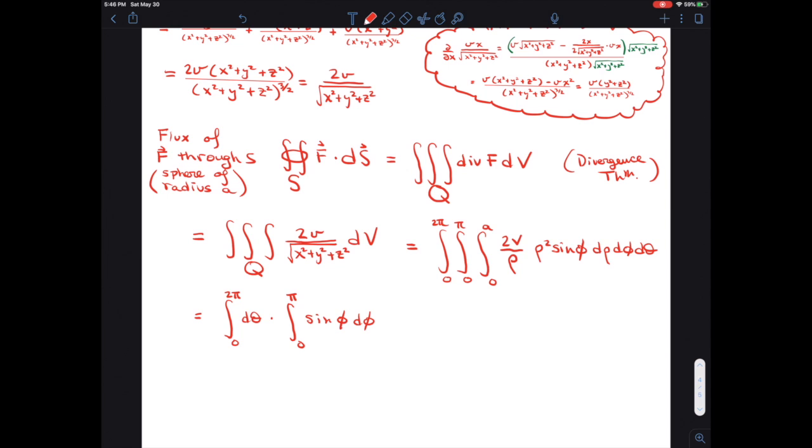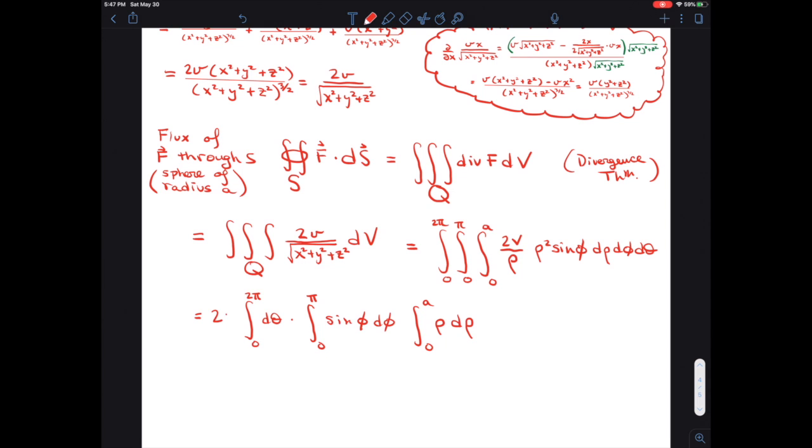And then an integral from 0 to a, and here you would just have rho d rho.